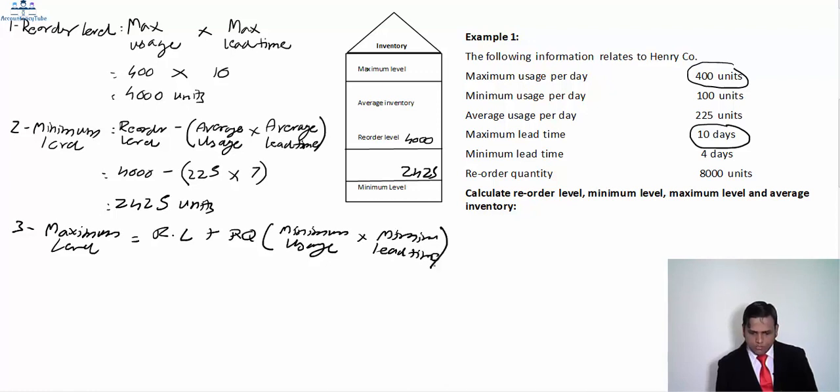Now, one thing I need to make clear over here, in the exams, do not use the short form, whether it comes to ratios, whether it comes to inventory levels or anything. It's best if you mention the full form of the formula for ease of gaining the marks, because it makes it easier for the examiner to give you the marks.